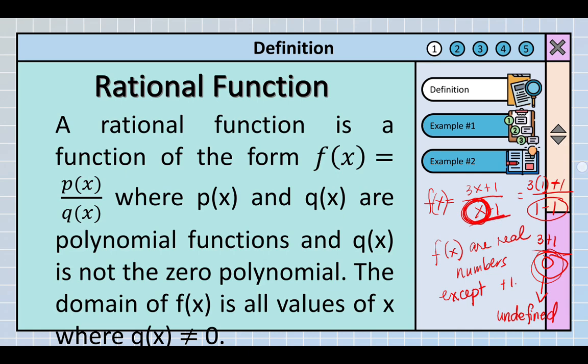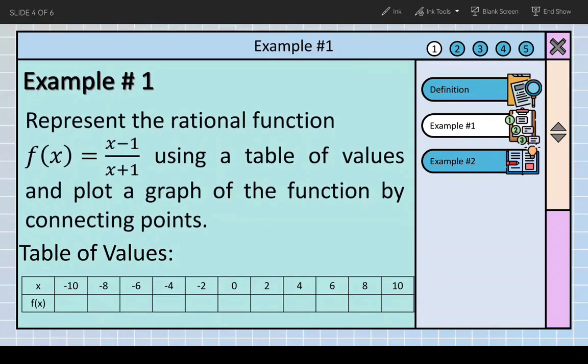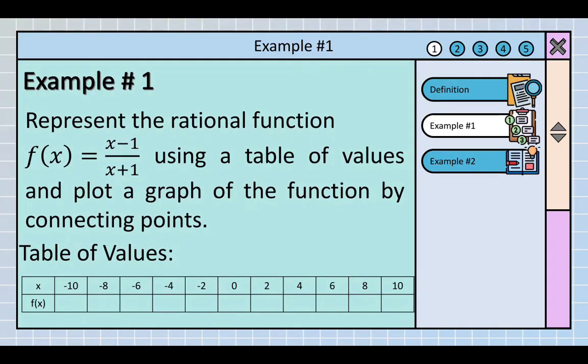Okay, now let's proceed with example number 1. Example number 1 says that we need to represent the rational function f of x is equal to x minus 1 over x plus 1 using a table of values and plot a graph of the function by connecting points. Now this is our table of values.